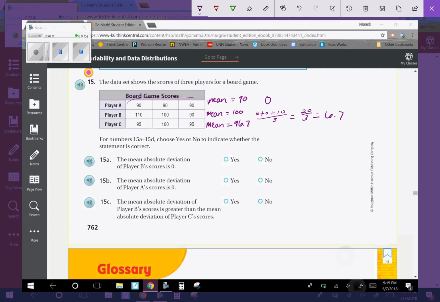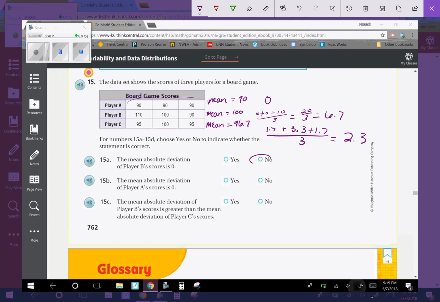Then for C, we have 0.7 plus 3.3 plus 1.7 over 3, which equals 2 3/10.